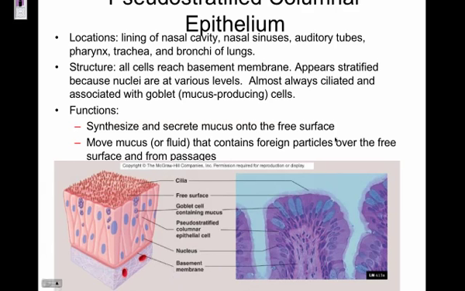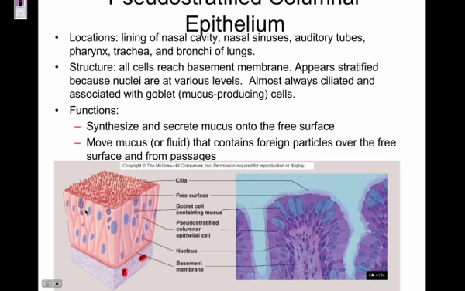And then pseudostratified columnar. It's in the lining of the nasal cavity. This is almost always ciliated and associated with goblet cells. If you look at this drawing, it looks like it's stratified because not all these cells look like they're going to the free surface. But if you were to look at an individual cell, it might be going behind a little bit.